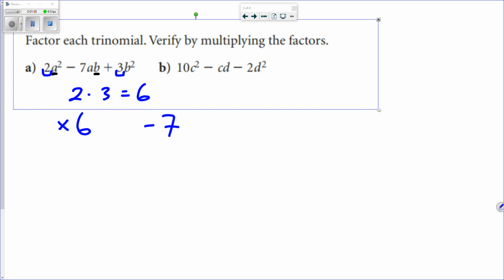So I know that they're going to be both negative because they're multiplying to a +6, but they're adding together to be a negative number. And I just so happen to know that -6 and -1 fill that role quite nicely. So let's decompose that middle term.